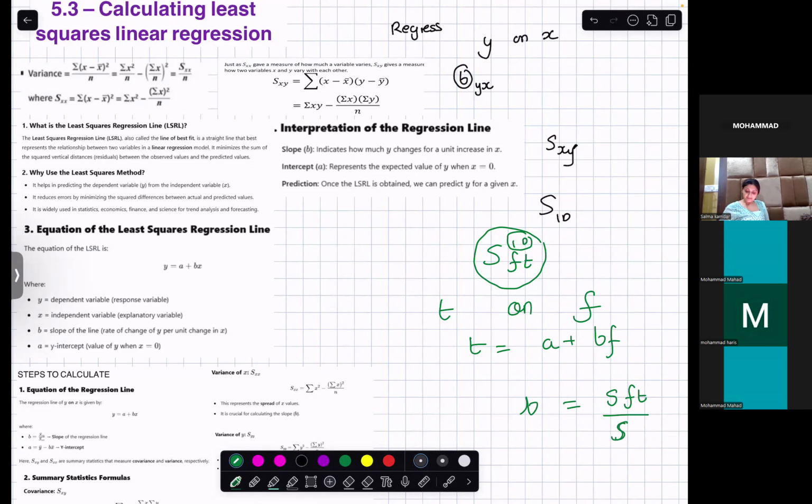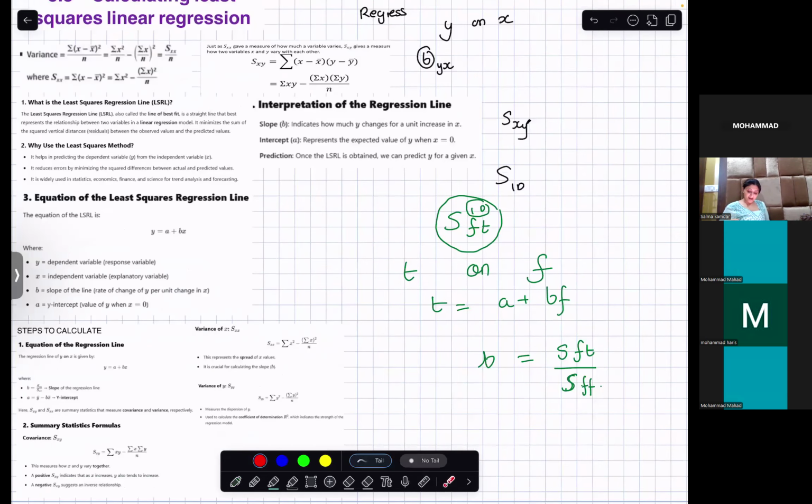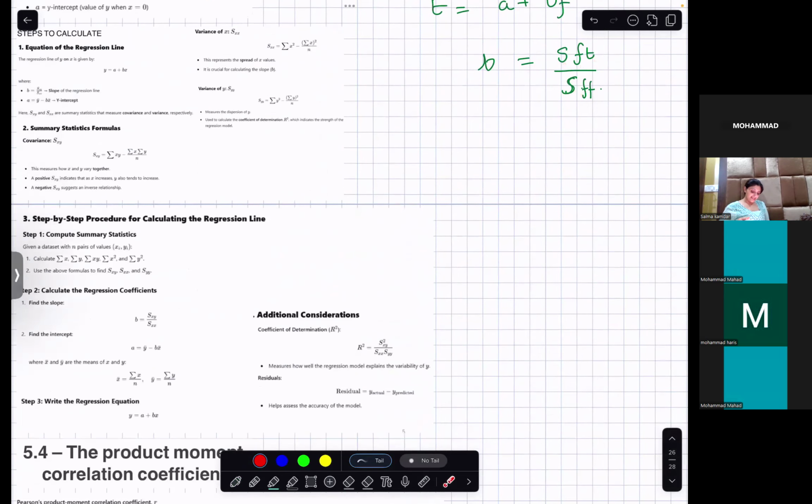You would find your B by SFT divided by SFF.